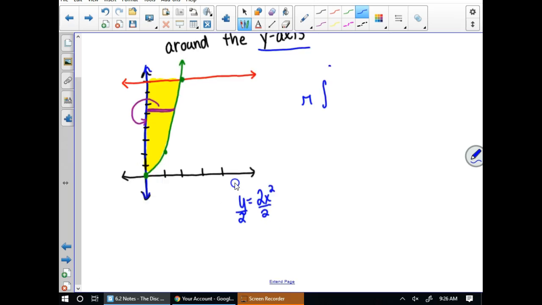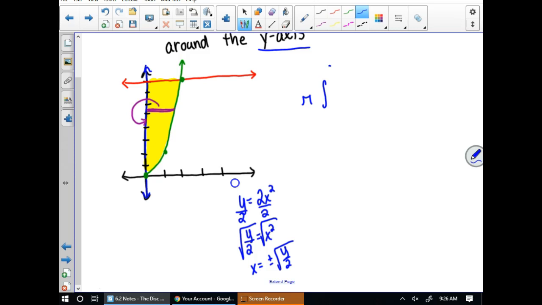So y over 2 equals x squared. And we're going to square root both sides. So x equals, technically there'd be a plus or minus there, but it really doesn't matter whether you use the plus or minus. Since we're using the right-hand side, I'd use the plus, but it's not going to matter when you plug it in anyway.